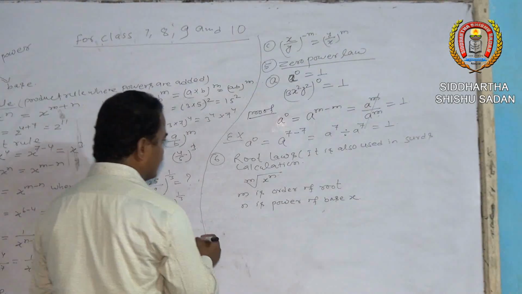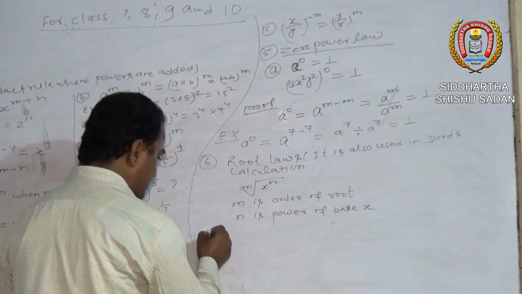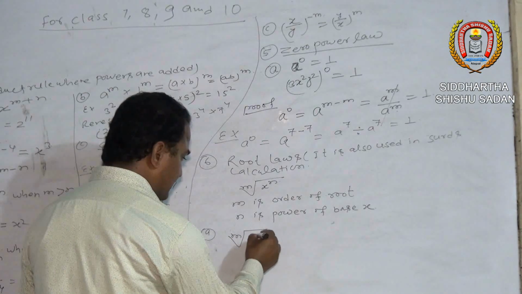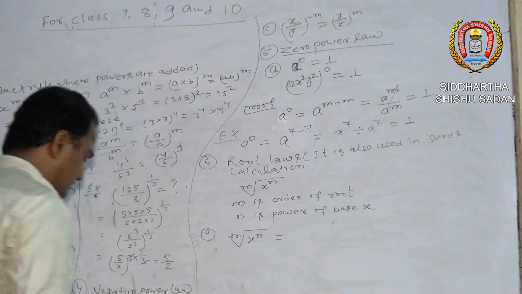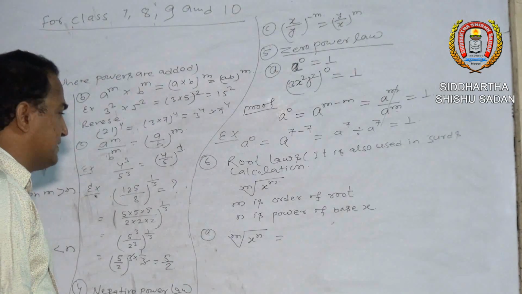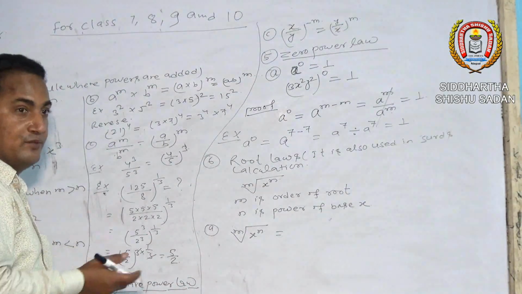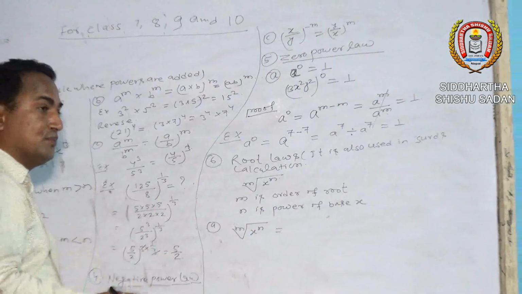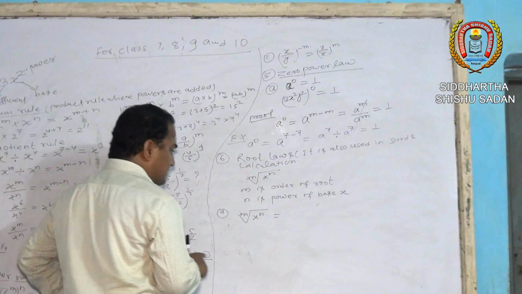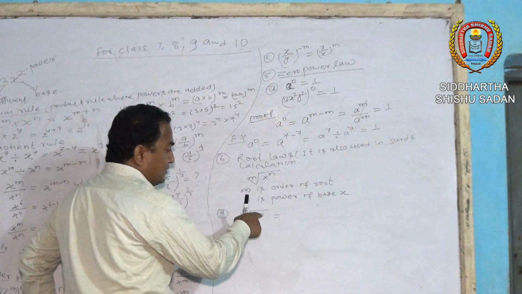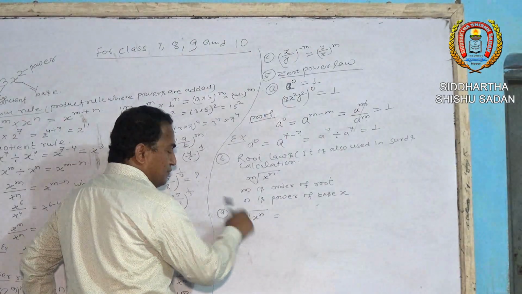Look here. Next is m root x to the power n. When we remove the root from here, we have to bring this order of root to the denominator of the power of the base x.